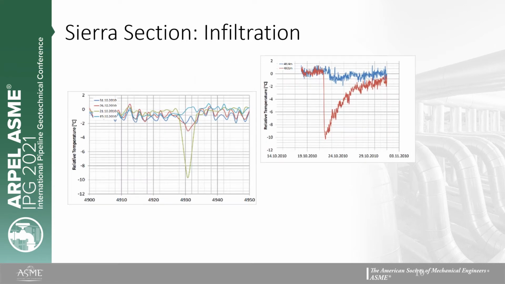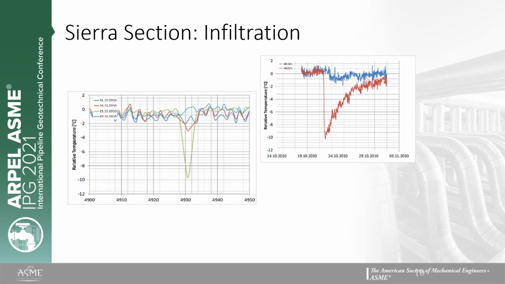But with this system, in the early time of the operation of the pipeline, in 2010, we were able to catch several events. One of them was an especially narrow temperature event. That's the negative peak in green on the left figure, and on the right figure, we have its time evolution.